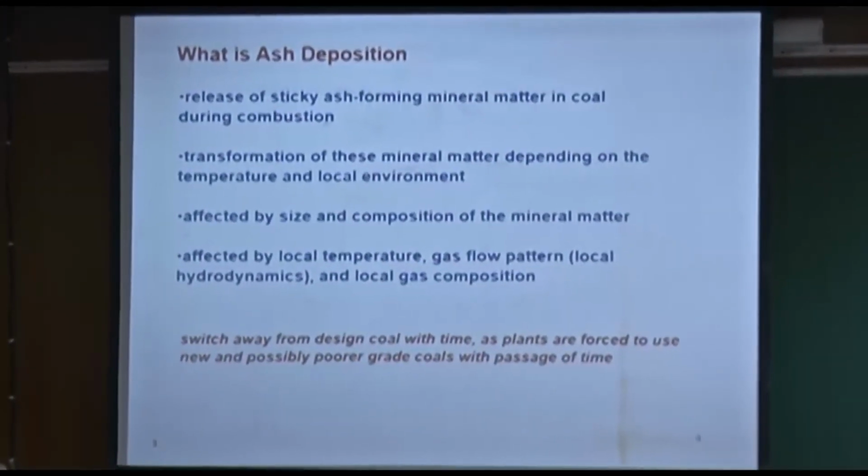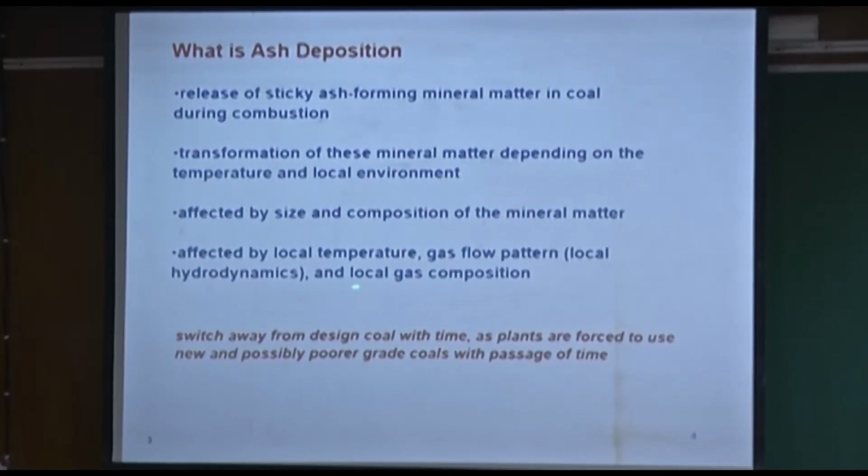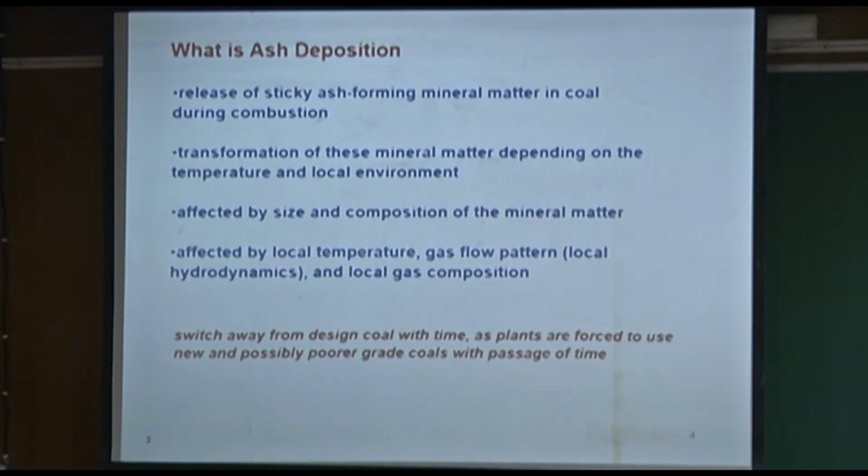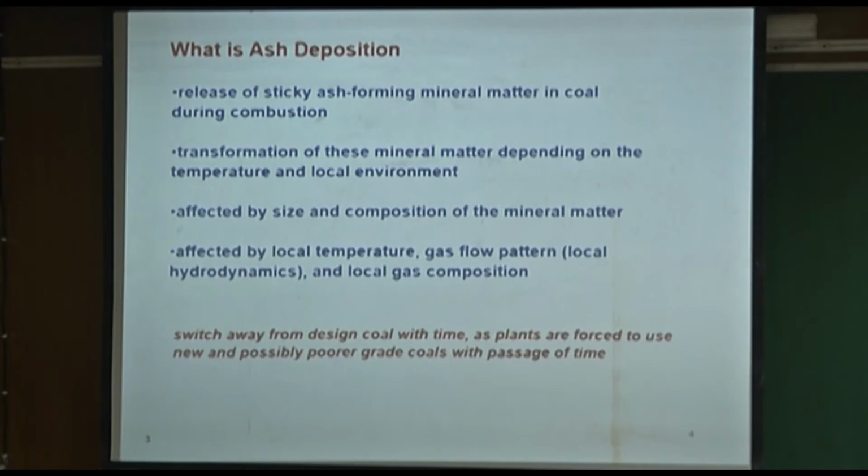It is also affected by the local temperature, as I have mainly told you, that is, the reducing conditions can exist. Gas flow pattern, which means the local hydrodynamics and local gas composition. The local hydrodynamics is very difficult to predict, because when you first do a cold startup, the boiler may be absolutely clean, so the hydrodynamics there is very well predictable, as originally envisaged.